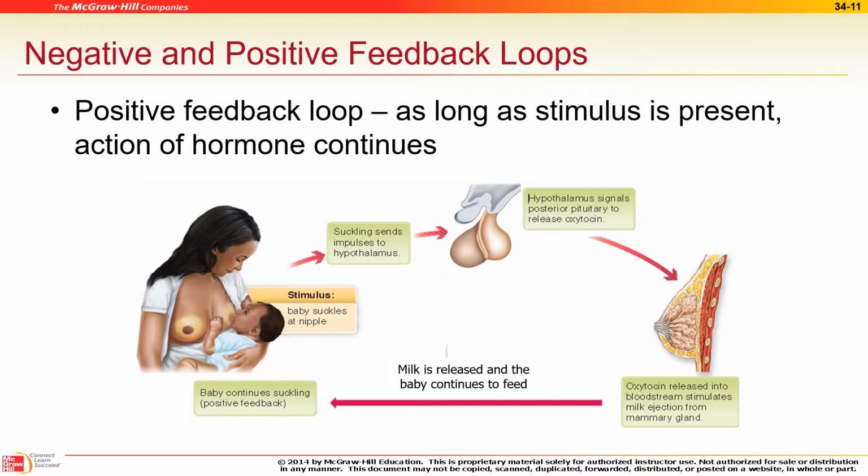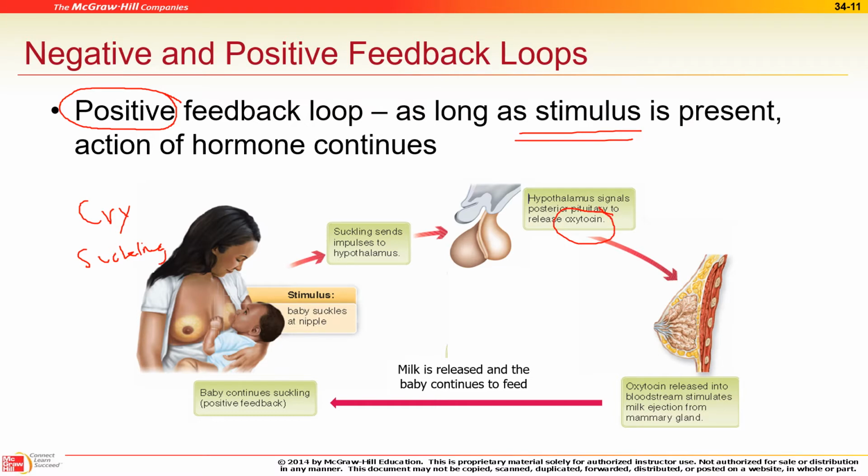Whereas in a positive feedback loop, there will be a result as long as there's stimuli. So here in the example of breastfeeding, as long as the mother hears the baby cry, or if they're suckling, then that will produce the hormone oxytocin.